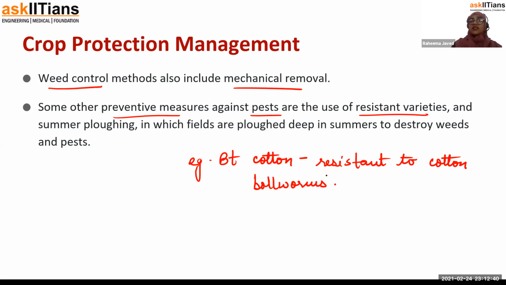These resistant varieties are GMOs most of the time. They are genetically modified. Summer plowing is another method in which the fields are plowed deep in summers to destroy weeds and pests. So there is the use of resistant varieties, and there is summer plowing.